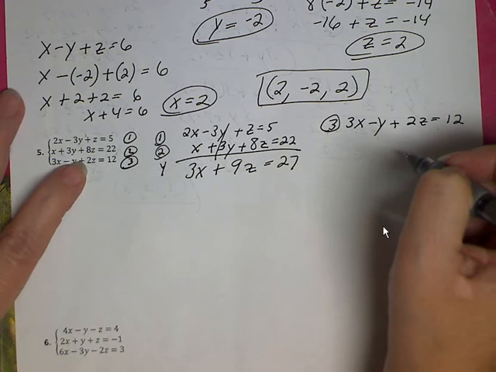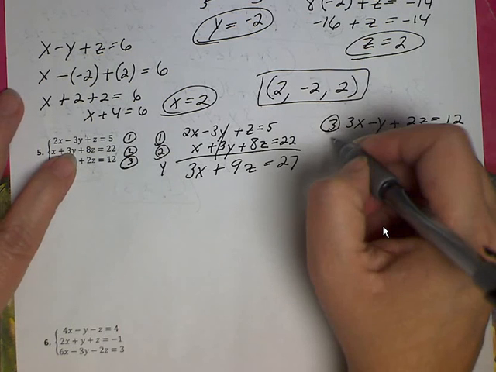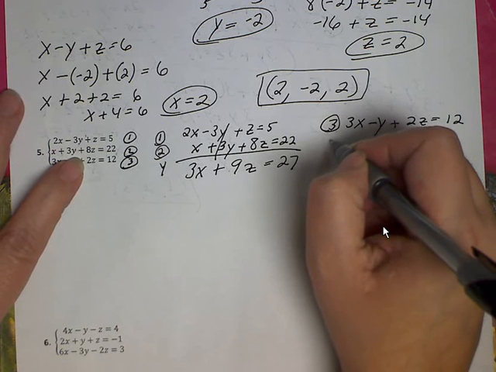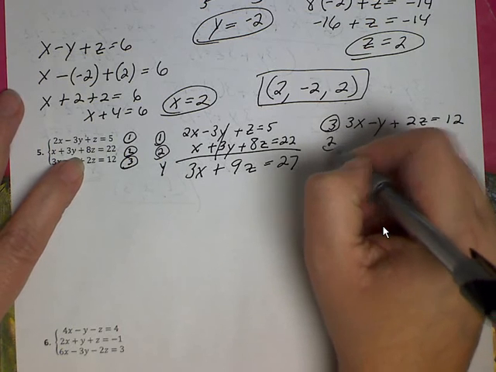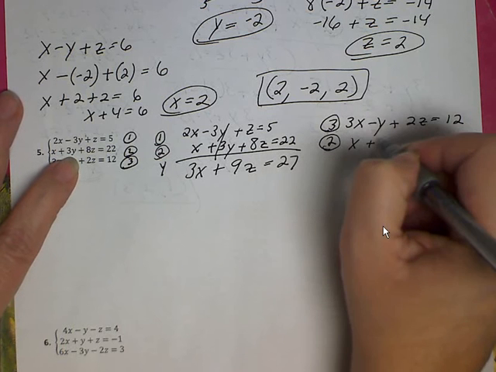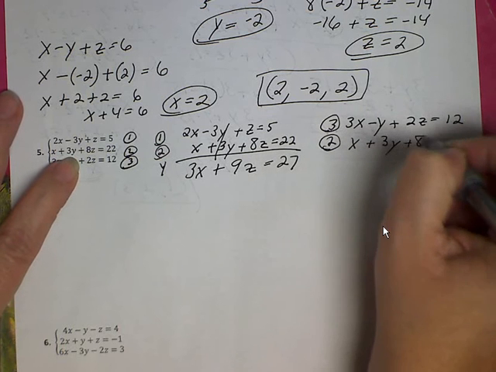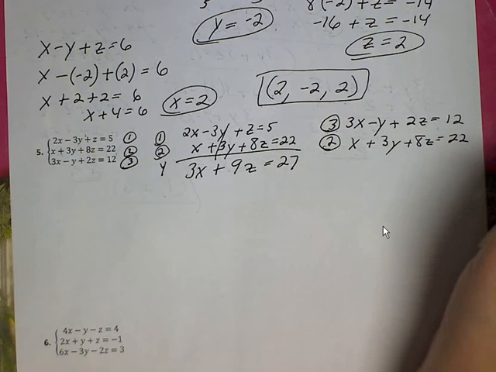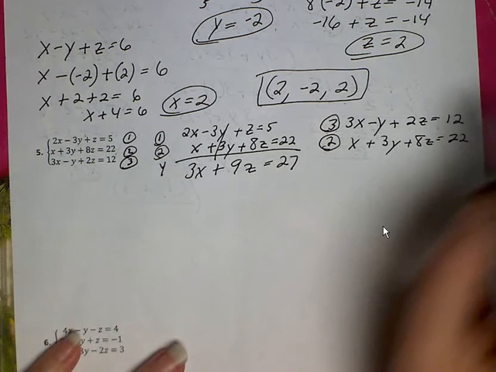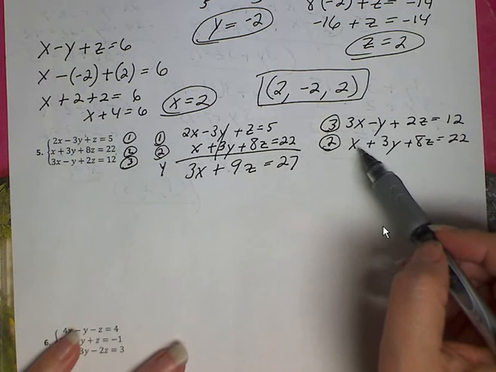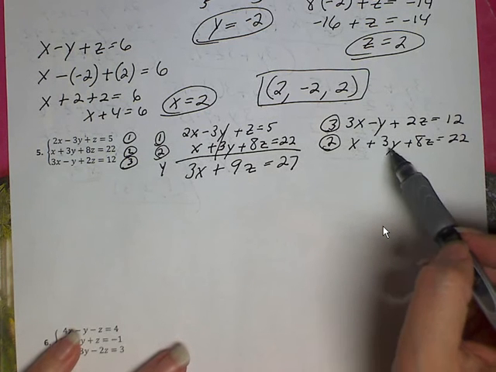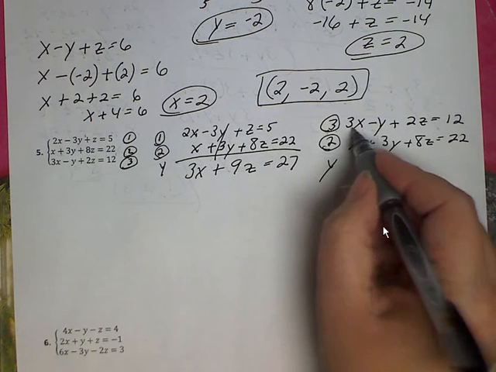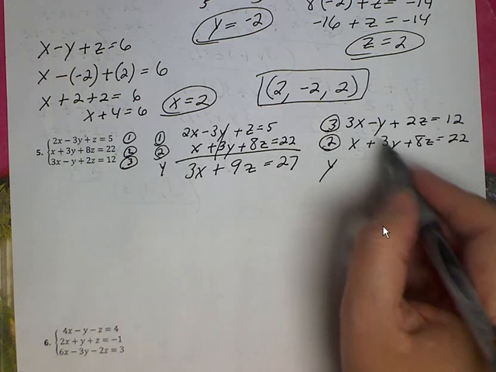I'll use the bottom, actually. I'll use 2. So I have x plus 3y plus 8z is equal to 22. So I have to multiply one of these by something to get it to cancel out. So I'm going to multiply this top one, because I'm still trying to get rid of y. I'm going to multiply the top one by a negative 3.